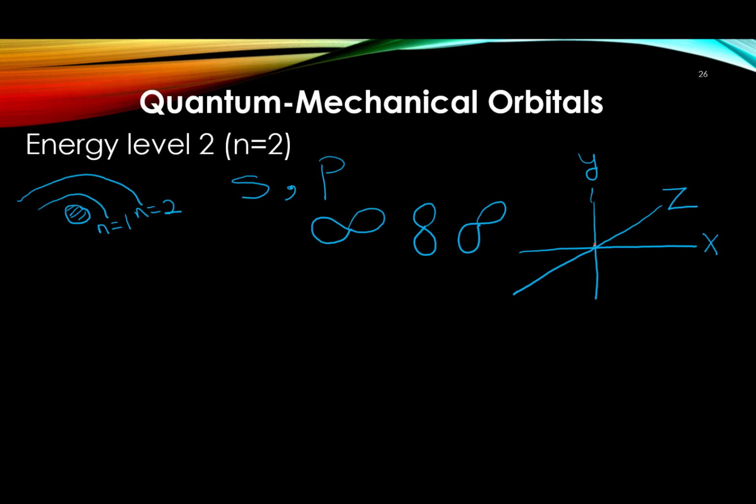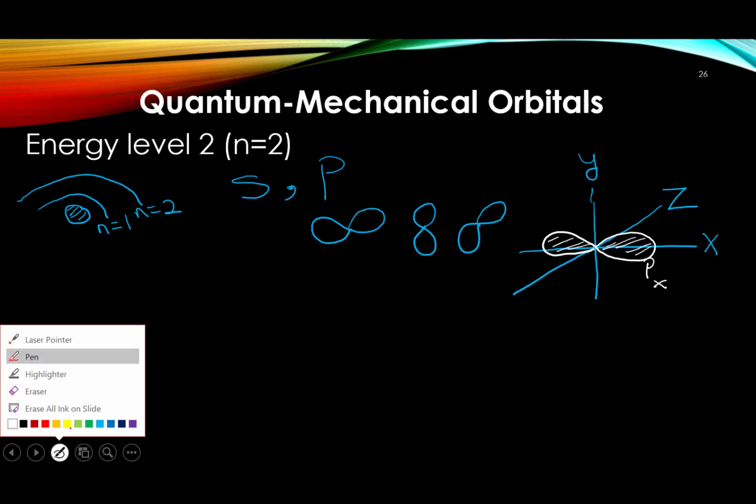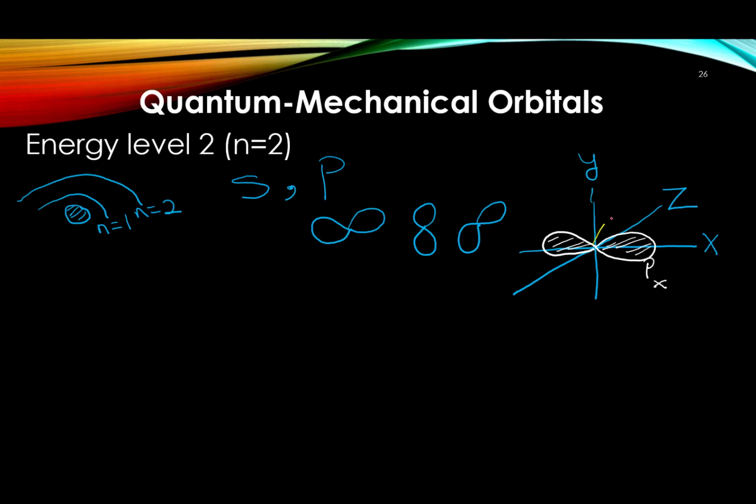Okay, if the p orbital sits on the x-axis, as you can see here, it is p sub x.